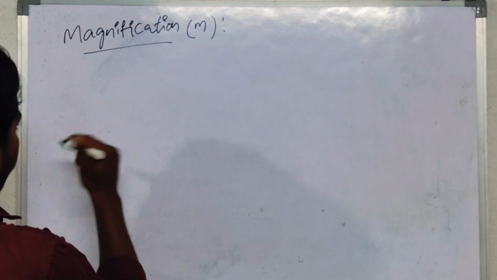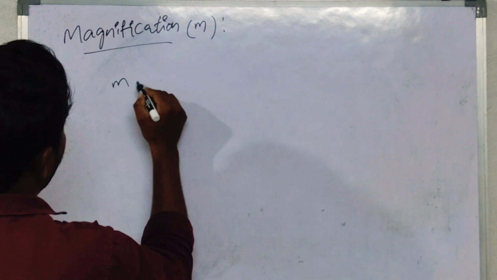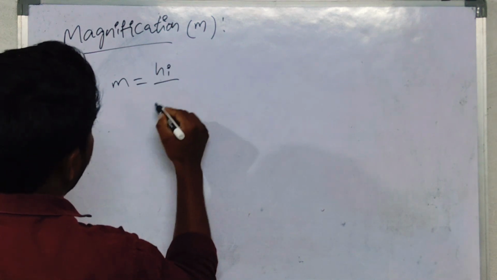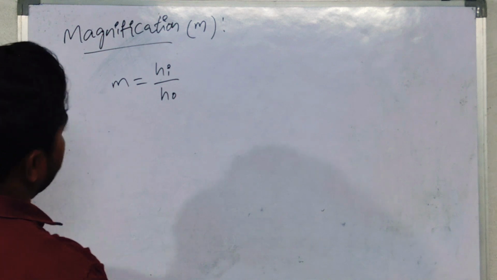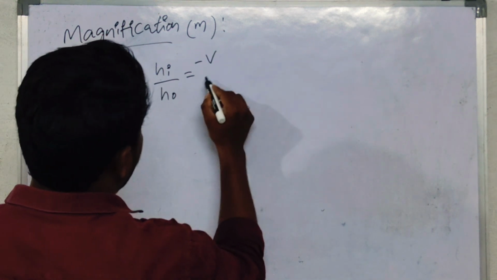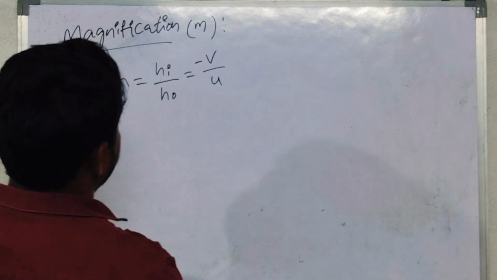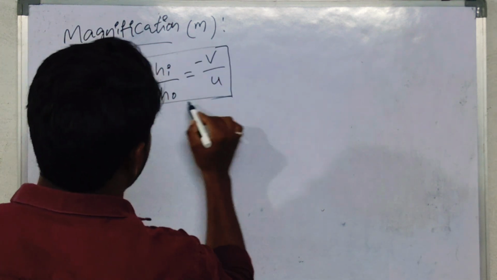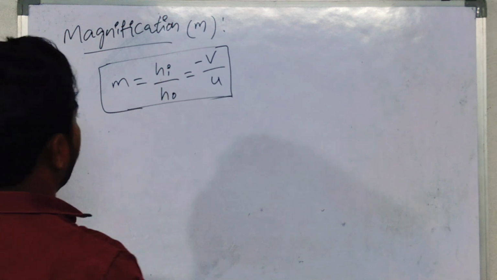So let me write the formula. m equals height of the image divided by height of the object, equals minus image distance divided by object distance. This is the magnification formula.